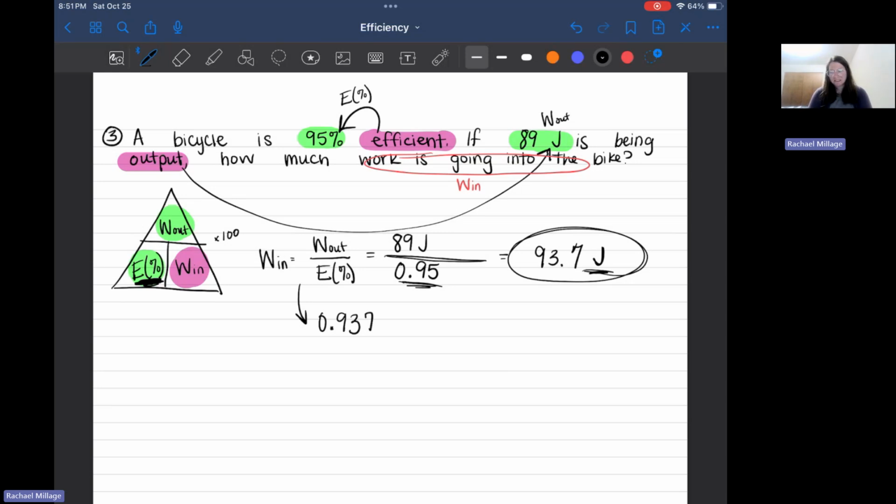Always, always, always. 0.937 is not bigger than 89 joules. I must be missing a step, or I must have done a step wrong. Okay. And then we could go back and say, oh, I forgot to undo the multiplying by 100. So I need to do that again. And then it's 93.7. Okay.